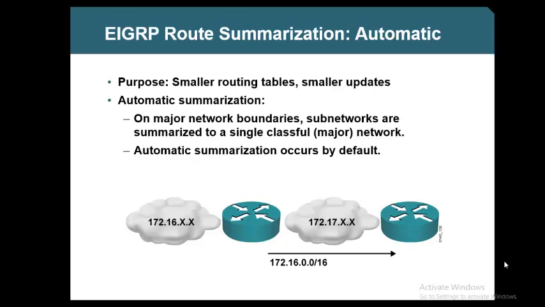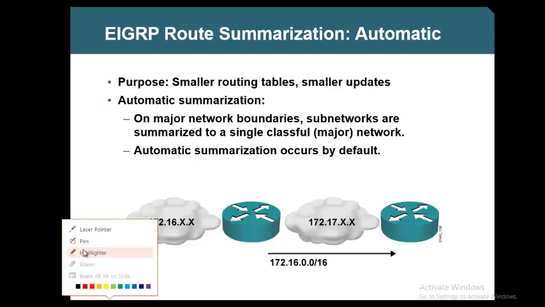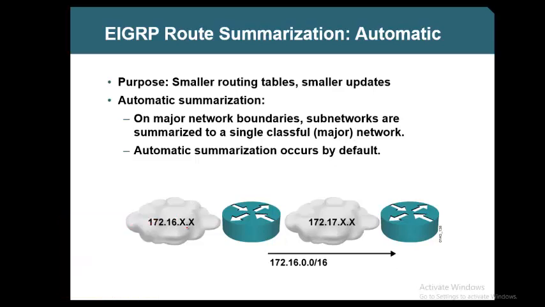For example, here in this diagram, we have 172.16.x, meaning in the third octet you have numbers starting from, let's say, 1 to 254. 172.16.1, 172.16.2, 3, 4, 5.